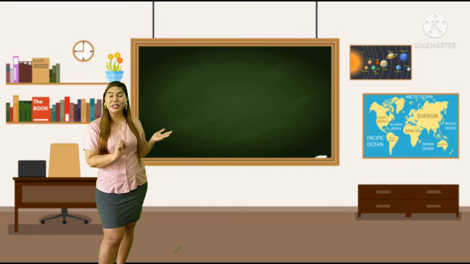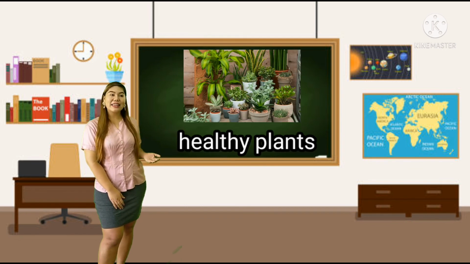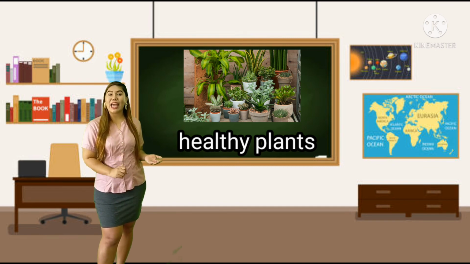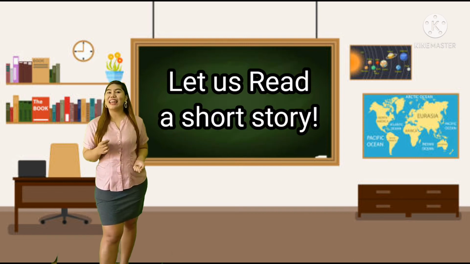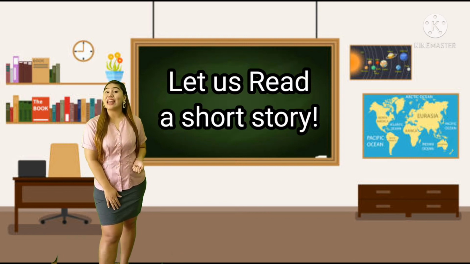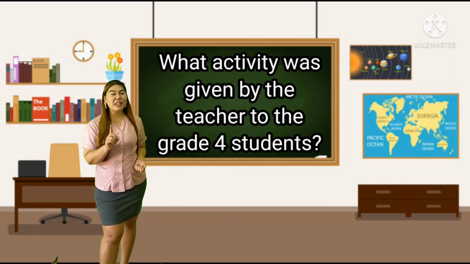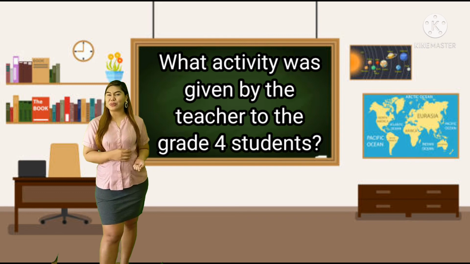And our third picture, we have healthy plants. This picture of the healthy plants, meaning it grows strongly and the leaves are fair. Come, let us now read the story and let's find out what activity was given by the teacher to the grade 4 students.